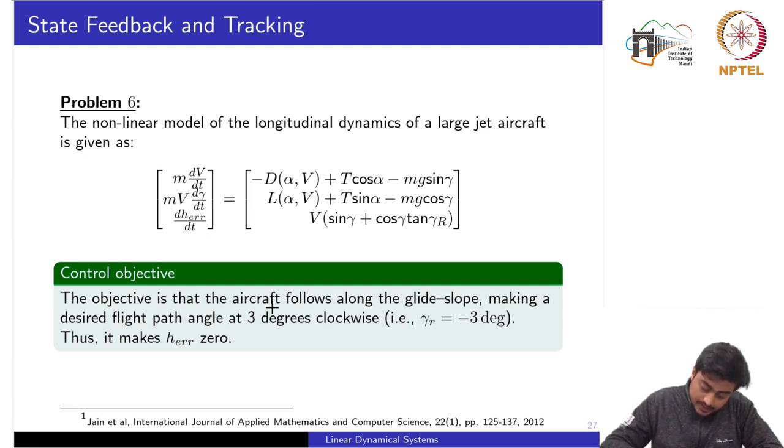And the objective is that the aircraft follows along the glide slope, making a desired flight path angle of 3 degrees in the clockwise direction. Okay, so since we are taking the anti-clockwise direction as positive, for the clockwise we would have minus 3 degrees. Thus it would make h error equal to 0. Okay.